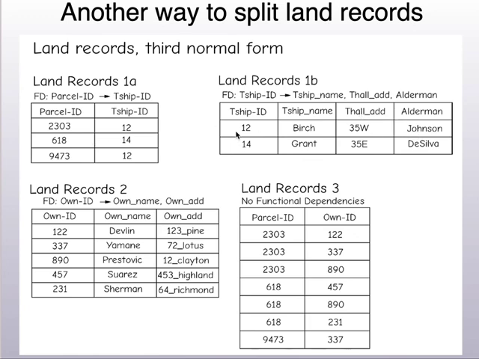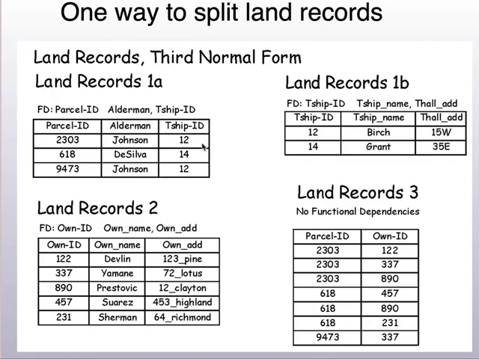If there's one alderman per township, then it's going to go over here. If there can be multiple aldermen per township, but only one alderman per parcel, then the alderman goes here in this table. So again, how the data can occur in the world, the universe of possibilities, is going to decide or define how you create your tables, your land records tables.